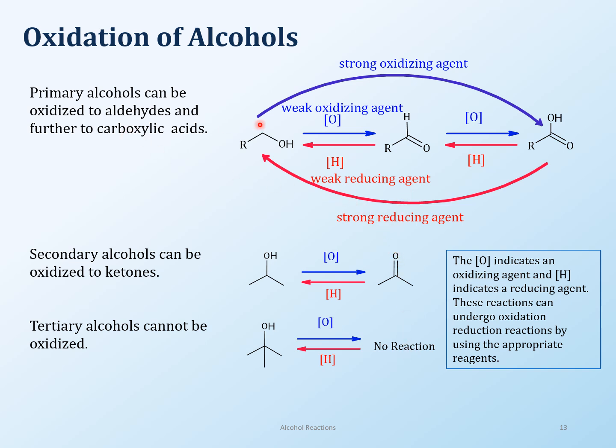So this is something to keep in mind. A primary alcohol can go to an aldehyde and then all the way to the acid also. A ketone cannot go to the acid, by the way, because ketones are internal groups, so they will stay inside the two carbons. Carboxylic acids are terminal groups.